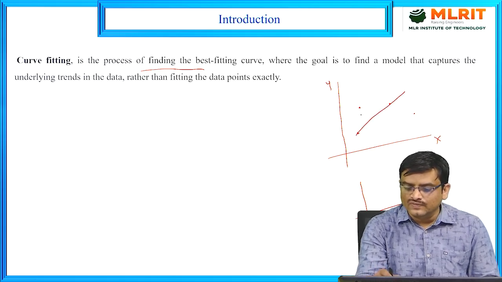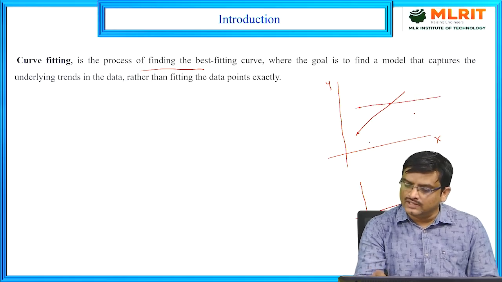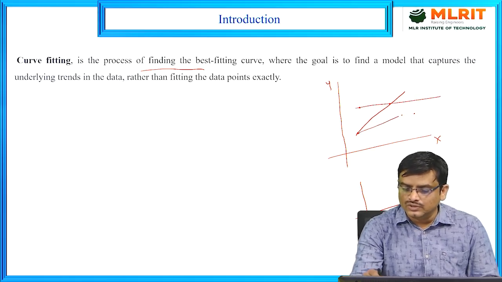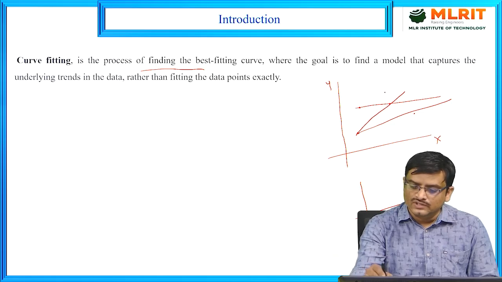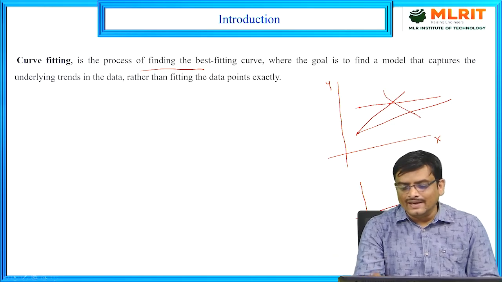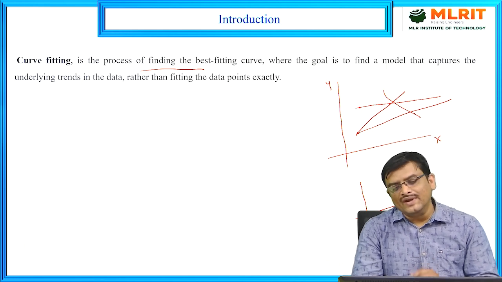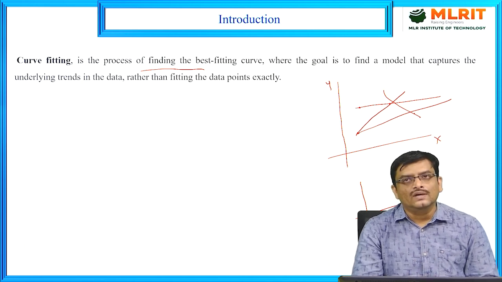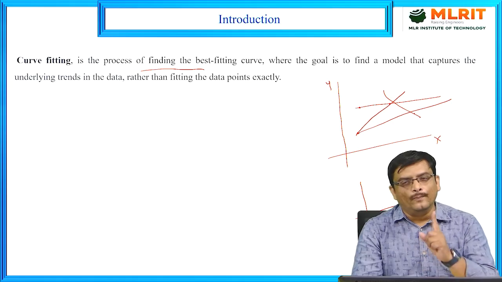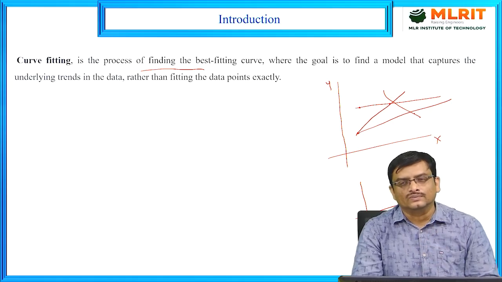Or suppose if you neglect these remaining points, if you join these 2 points, you will get another straight line. And if you take these 2 points, you will get another straight line. So like this, by neglecting some points, there is a scope to get straight lines. But you will get many straight lines here. But I want only one straight line, the best straight line for the given data.